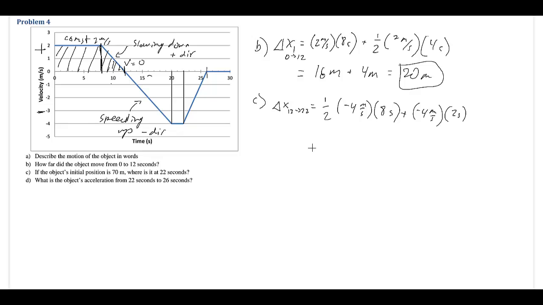So adding these up, multiplying them out, we get 1/2 times -4 times 8, which is going to be -16 meters, plus -4 times 2, which is -8 meters, which is going to give us -24 meters.